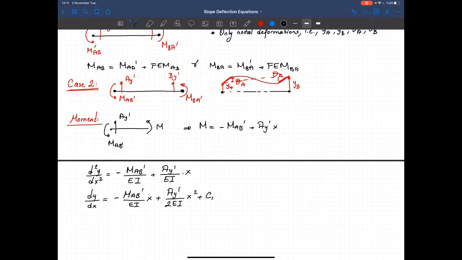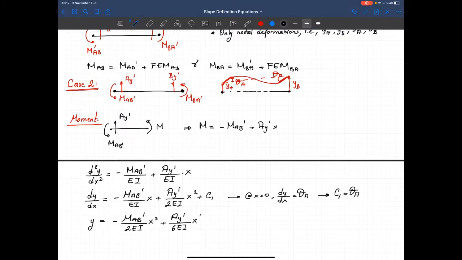So let's put the first boundary condition: at x equal to 0, dy over dx, the rotation at A, is equal to theta A. This tells me that C1 is equal to theta A. Integrating one more time, y is equal to minus MAB prime divided by 2EI times x squared plus AY prime over 6EI times x cubed plus theta A times x plus C2.